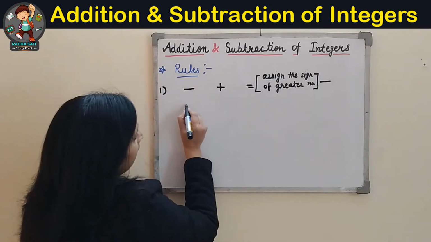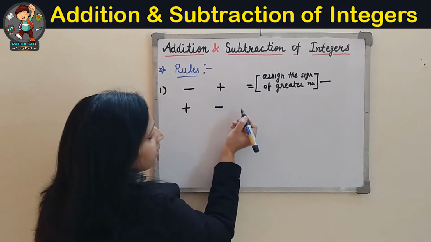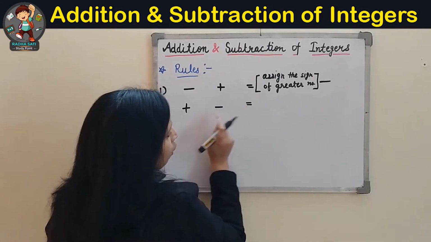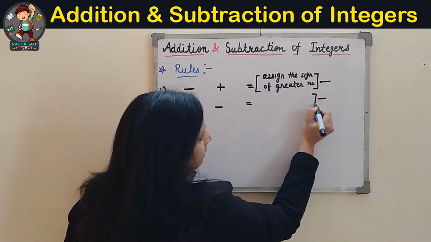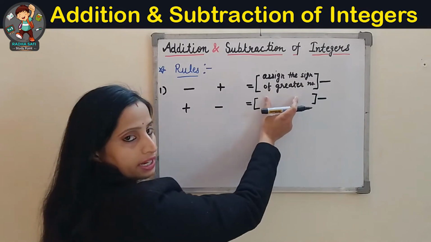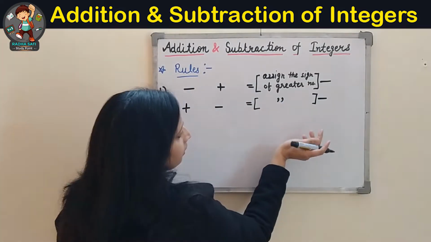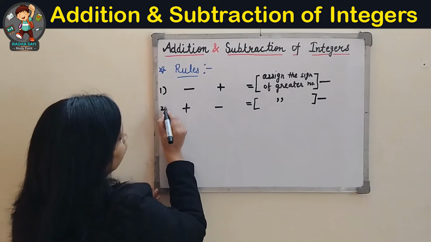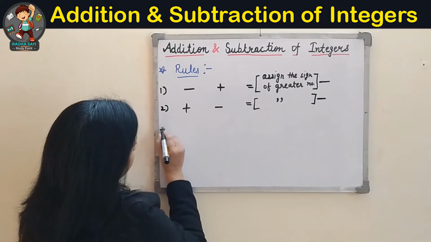Similarly, if one integer is positive and another is negative, in this case also, plus minus, we will subtract. And here also we will assign the sign of the greater number. We will understand this by an example.